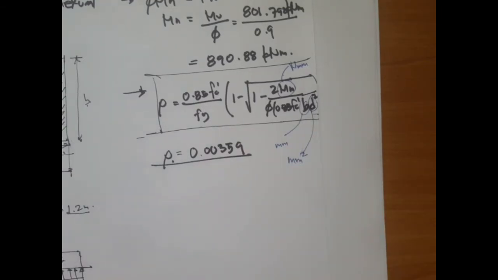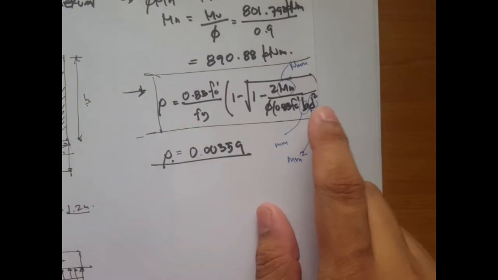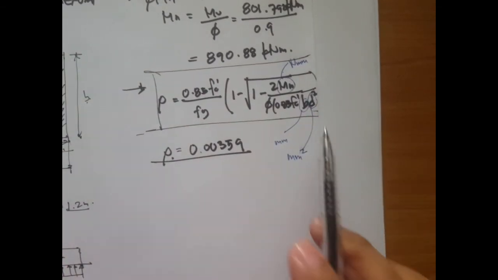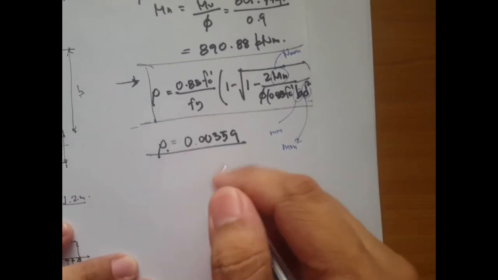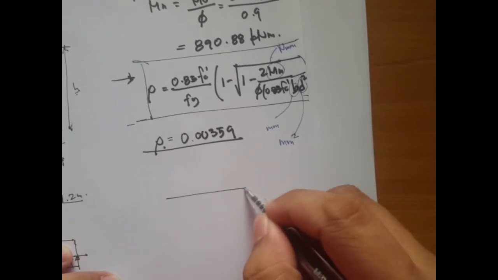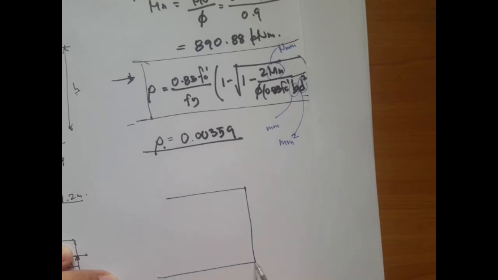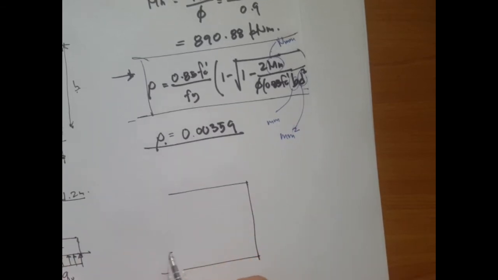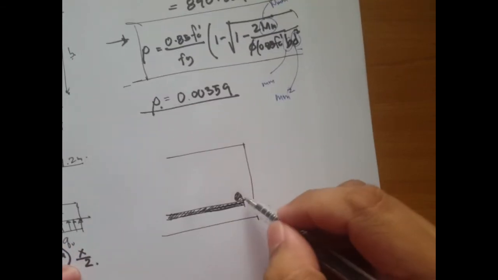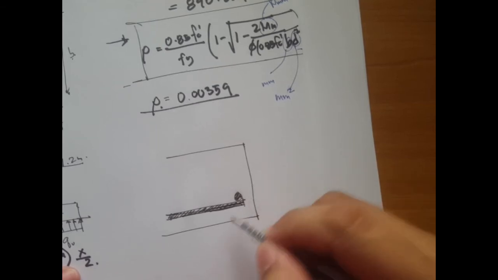Now, by the way, before I forget, this D value, if we draw the section. We said that we have reinforcements on both sides. So let's say this one is the bottom bar, and this one is the top bar.